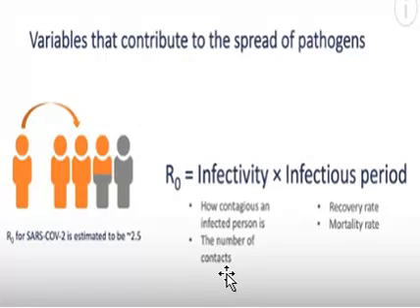Then the infectious period is the other one. The infectious period is how long the patient is disseminating this virus, from when he gets the infection until death or recovery. And there is one more thing.